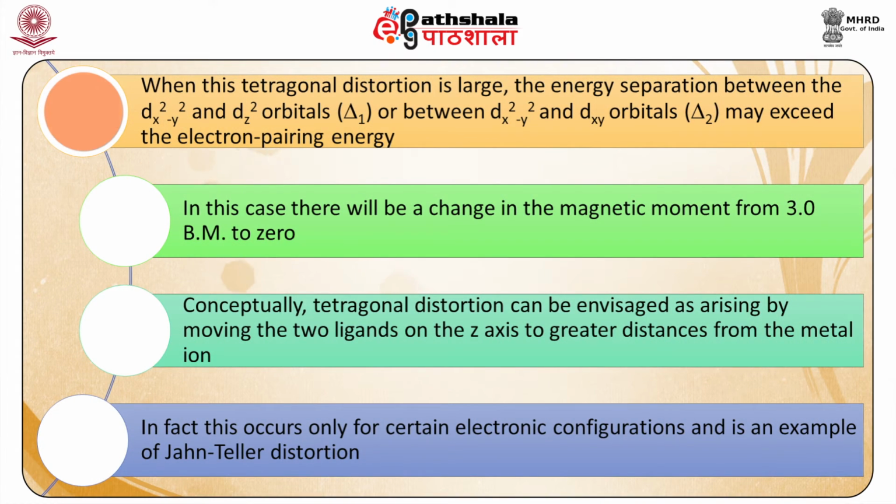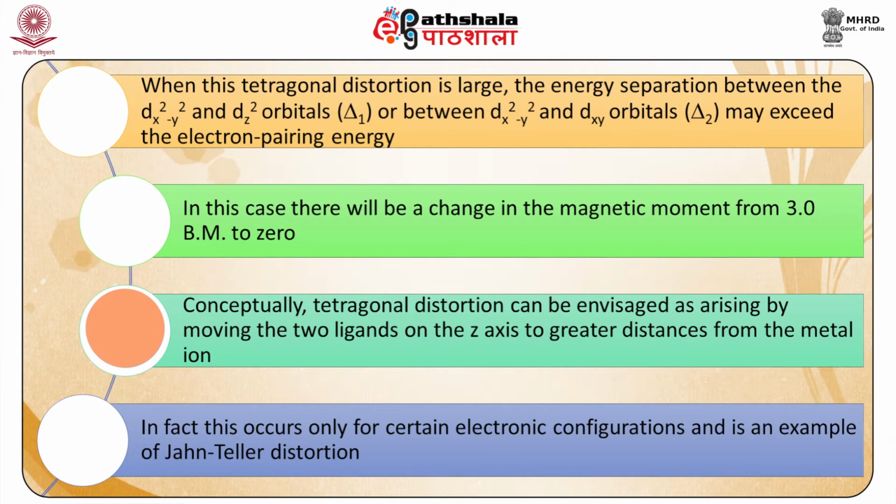When this tetragonal distortion is large, the energy separation between the dx²-y² and dz² orbitals, delta 1, or between dx²-y² and dxy orbitals, delta 2, may exceed the electron pairing energy. In this case, there will be a change in magnetic moment from 3 Bohr magneton to 0.